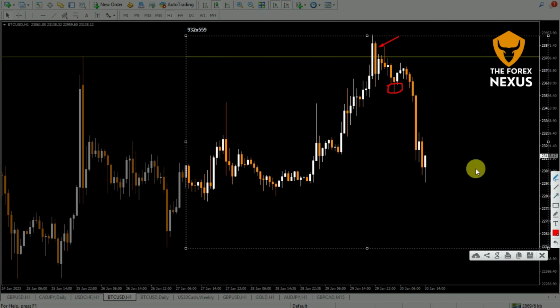Now remember, in a bearish trend, suppose we are looking for a bearish setup, right? The structure will always be formed on a bearish candle with a long wick. So here we got the structure. This is our structure area.